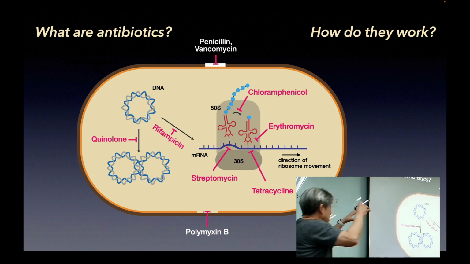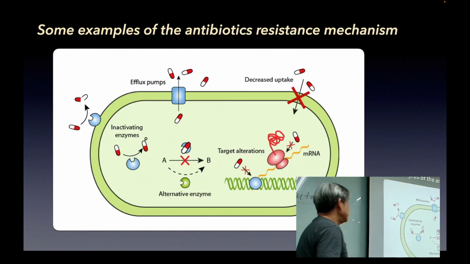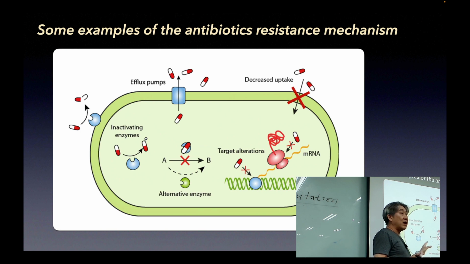So all these antibiotic resistances are the result of some specific gene mutation. Having said that, this is actually a real life example. All these pill-like cartoons represent antibiotics, the drug.